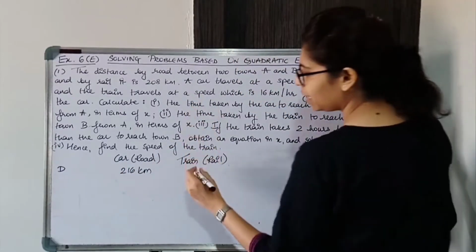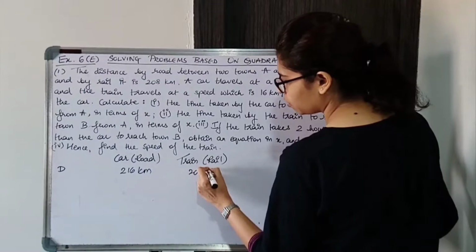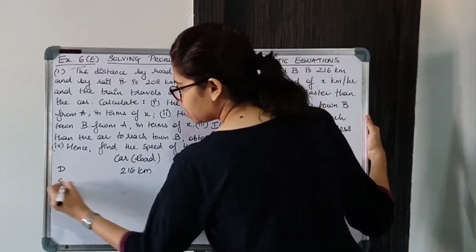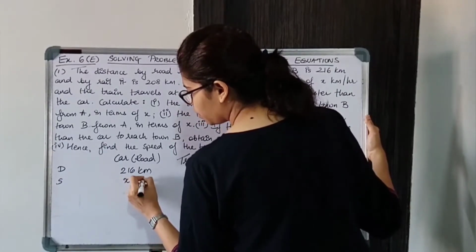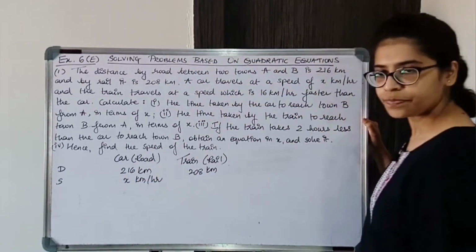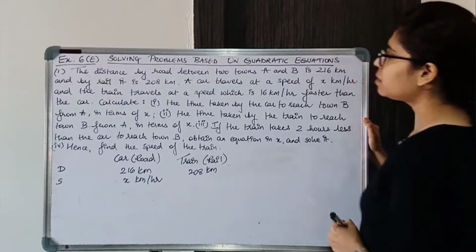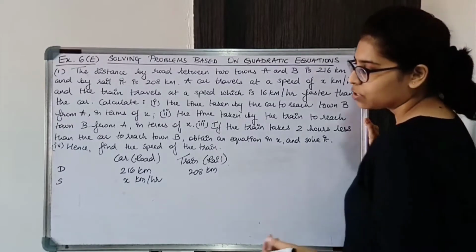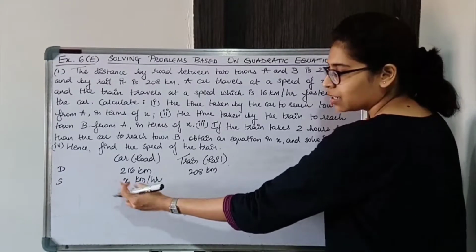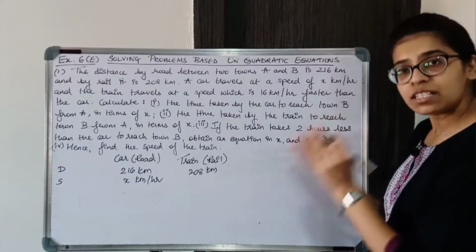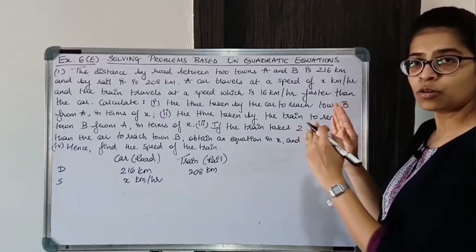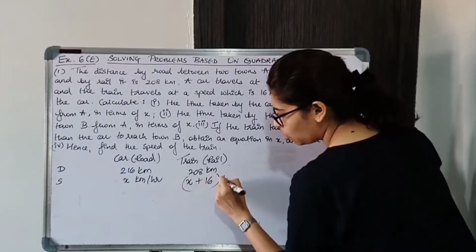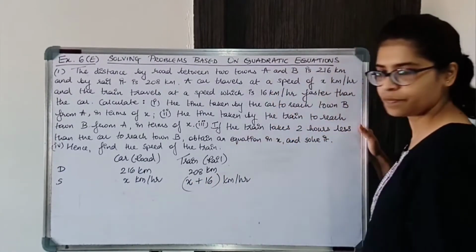The distance by rail is 208 km. The car travels at a speed of x km per hour. The train travels at a speed which is 16 km per hour faster than the car. So the car's speed is x. Train will be x plus 16, because it is 16 km per hour faster than the car. So x plus 16 km per hour.